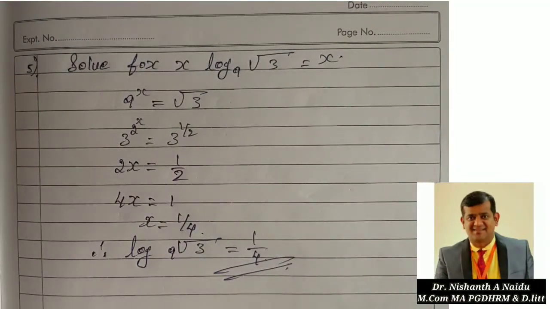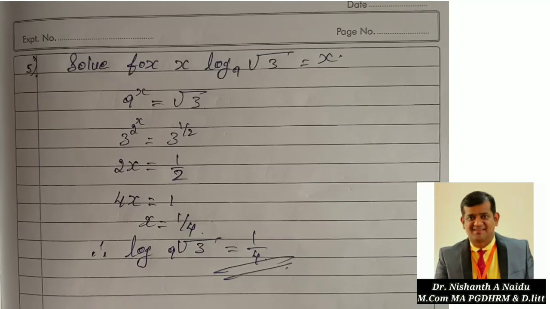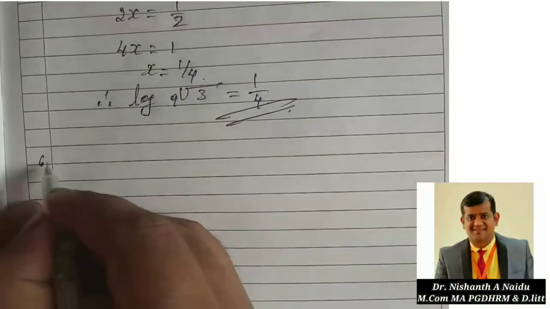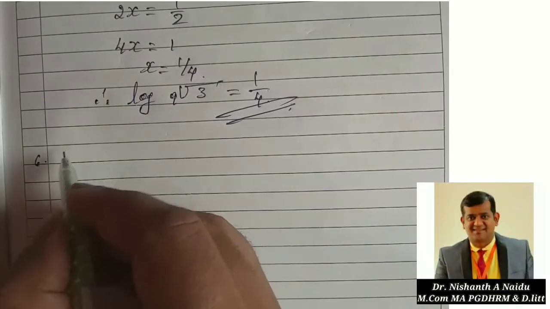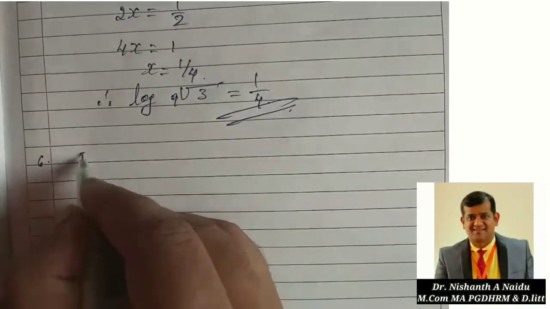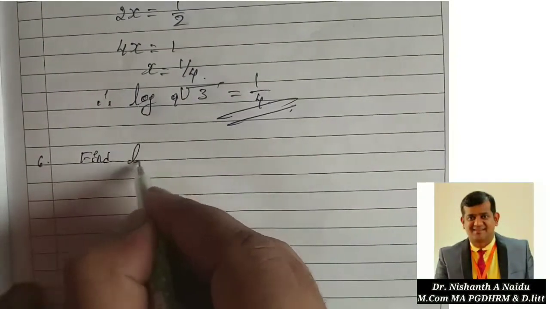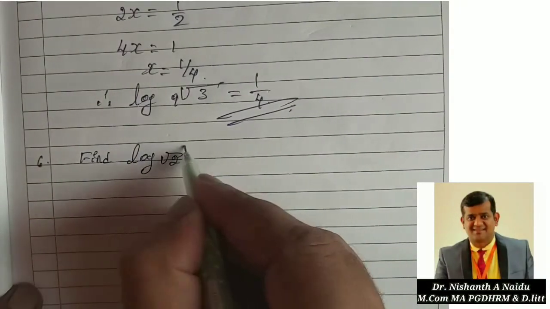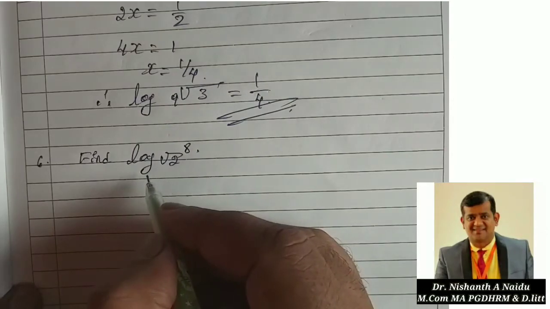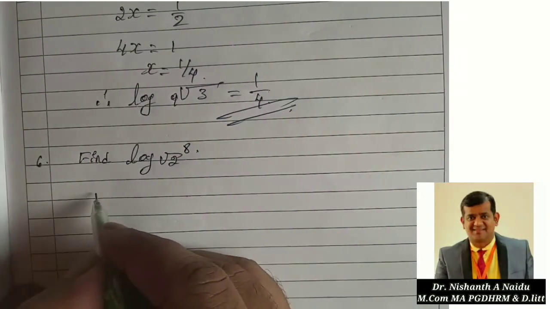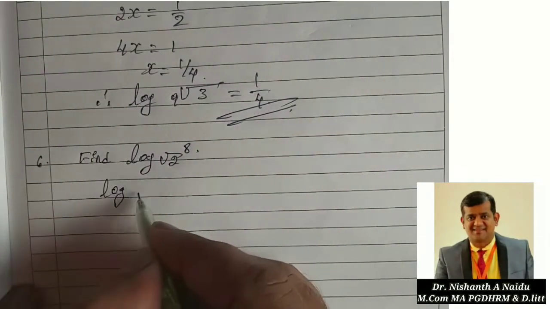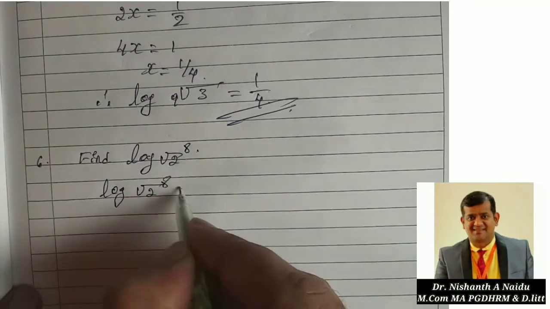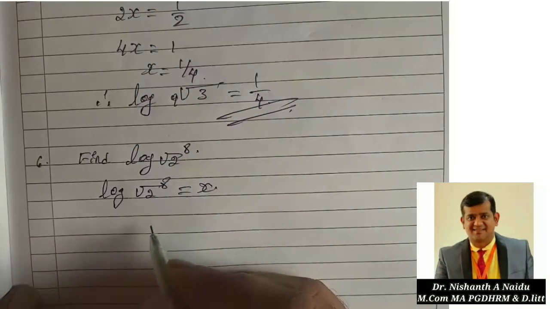Understood? Fine. So I'll go with one more problem. So that is sixth problem. Find log root 2 to the power 8. So log root 2 to the power 8 equals x.